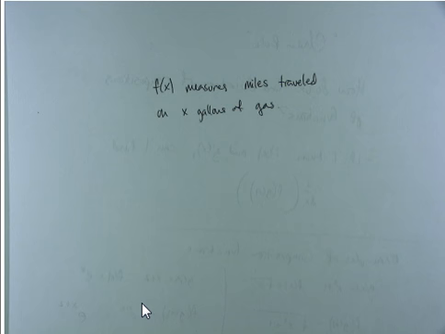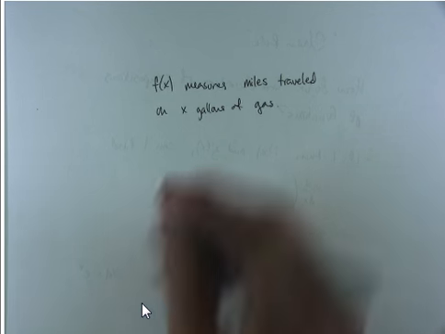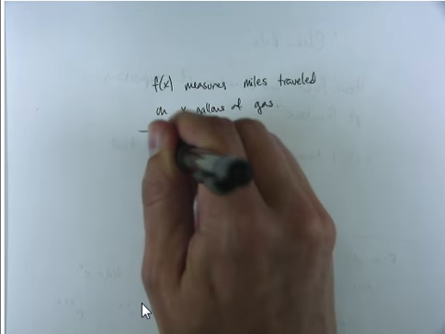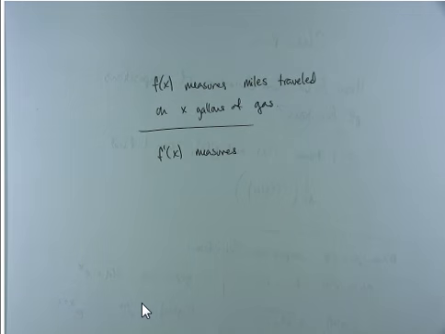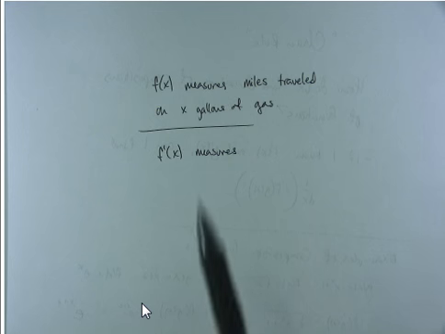Cool. So what does f prime of x measure? It's certainly measured in miles per gallon. f of x is in miles, so the outcomes are in miles, and the change in x is measured in gallons.